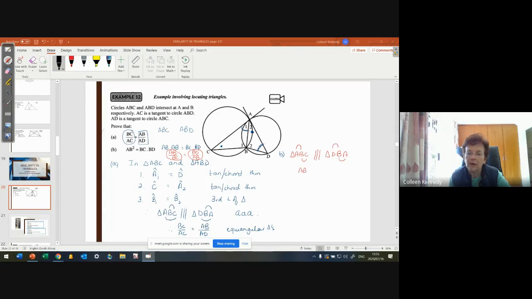So AB over BC would equal DB over AB. Equiangular triangles. And now if you cross multiply, you're going to get AB squared because they both shared the side. They shared the side AB and you're done.